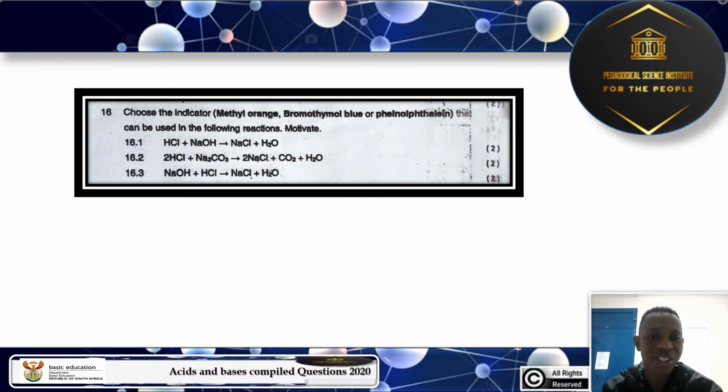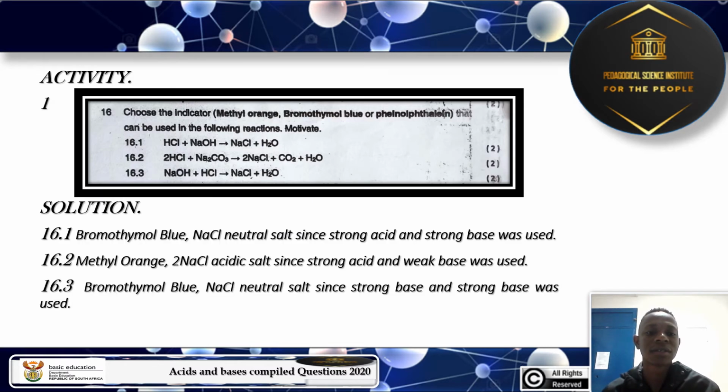So let us look at this one. Choose the indicator, methyl orange, bromothymol blue, or phenolphthalein, that can be used in the following reactions. Then we have HCl, which is a strong acid, if you remember.